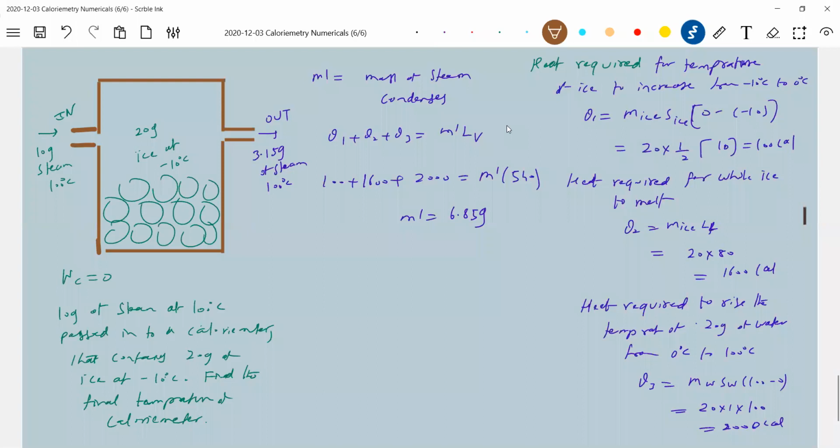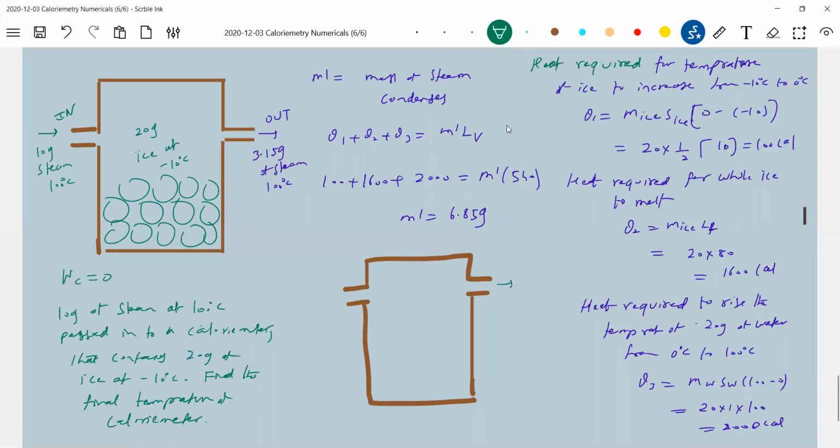At least if you are able to understand, it's good, because if you check the advanced, we have questions based on this, what I'm discussing, similar to this one. 3.15 grams of steam at 100 degrees Celsius will leave. Finally, what will we get? We'll get water. We don't get ice. Ice will not be there, you know.